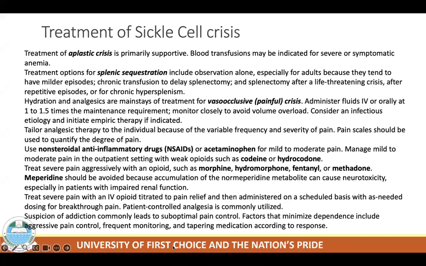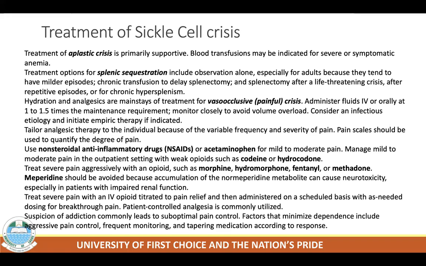Now for vaso-occlusive crisis, that's the one that is called sickle cell crisis, right? Fluid and analgesics are the mainstay of treatment. Ensure that you administer IV fluids or orally up to the normal maintenance that is required, right?